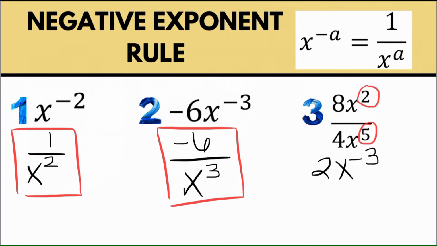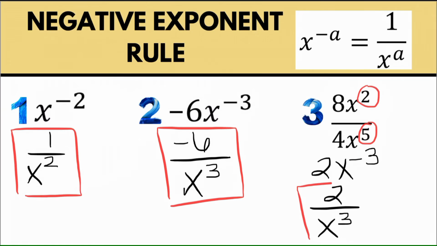Now I can apply the negative exponent rule. So this exponent becomes positive, and this part is the part that's changing and going to the bottom of my denominator. So this is equivalent to 2 divided by x to the third.